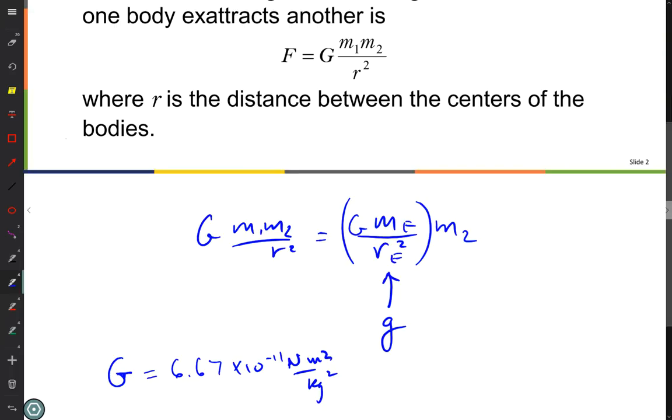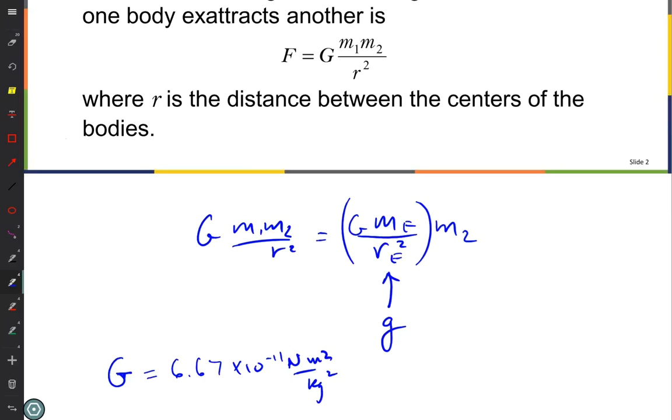And so if we take this and say each one of those two has a mass of 100 kilograms, 100 times 100 is 10 to the fourth, divided by their separation of 1 meter squared, means I'm just going to take this number and multiply it by 10 to the fourth to get their total force attracting each other.